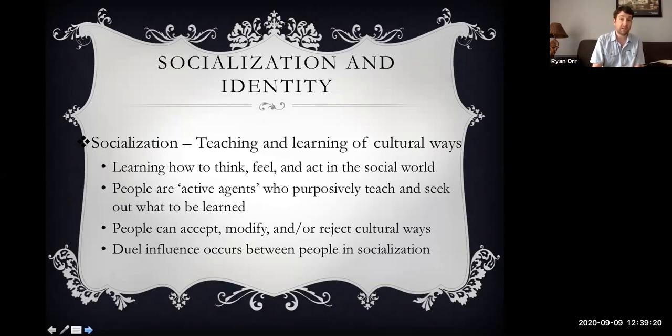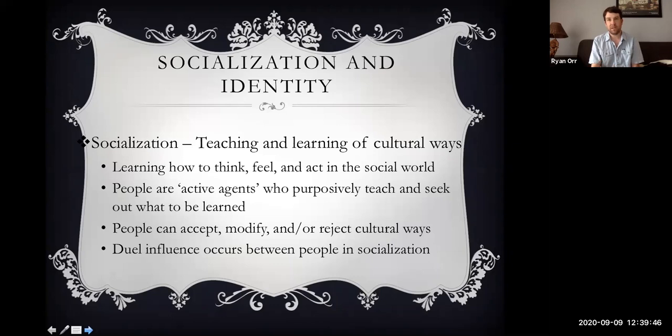You can intentionally teach people certain ways of the world. So again, it doesn't go on unconsciously. It doesn't go on without people's awareness. The socialization process is typically intentional. You're learning something because you want to understand, or perhaps you're teaching something because you want other people to understand.